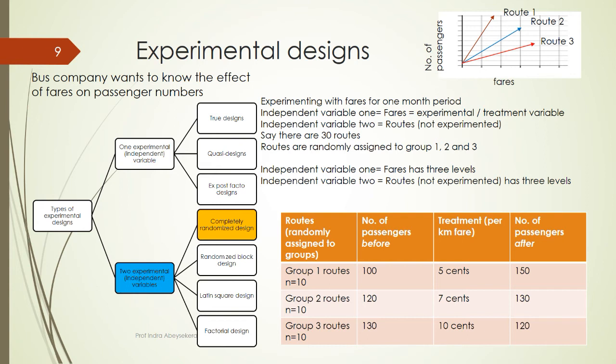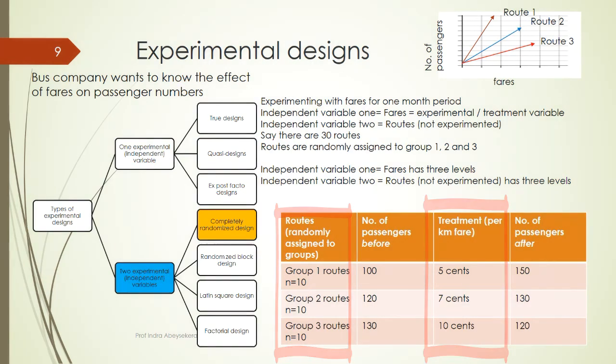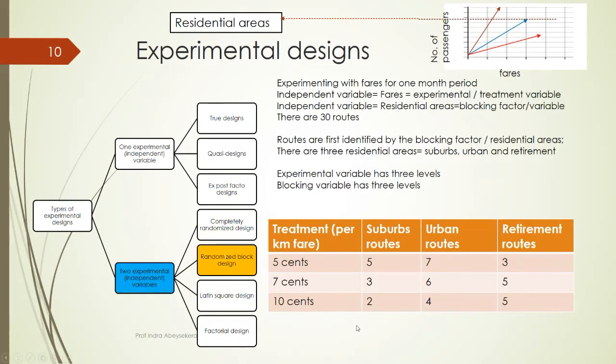Here, routes are the independent variable not experimented, and we allocate the 3 levels of the experimental variable, which are the fares, to the routes. And then we look at the effect of fares in these routes by number of passengers.